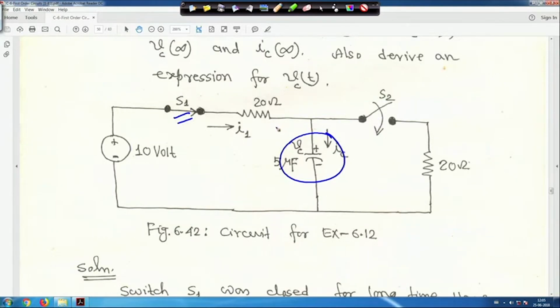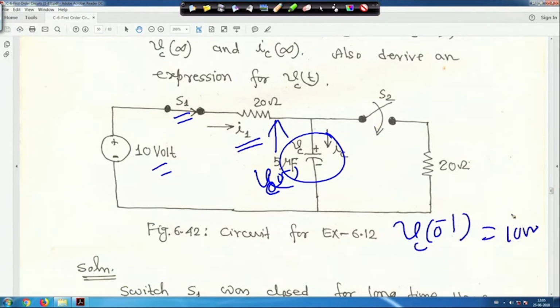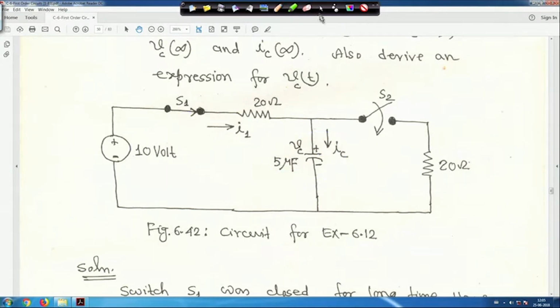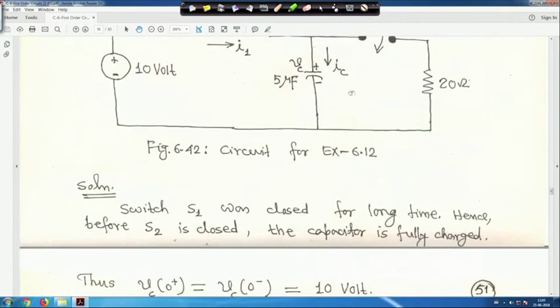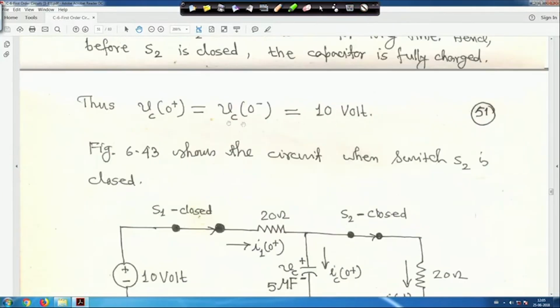This is Vc(0-). As this is open, this is also open, so no current is flowing through this. So basically Vc(0-) will be equal to 10 volt, because this is the voltage across the capacitor. So, Vc(0+) is equal to Vc(0-) is equal to 10 volt.